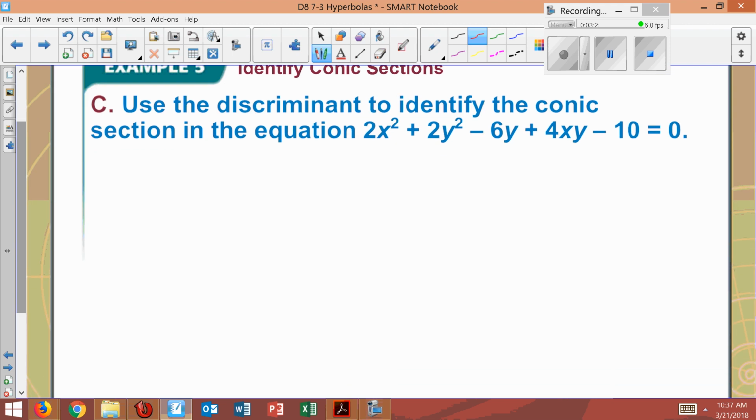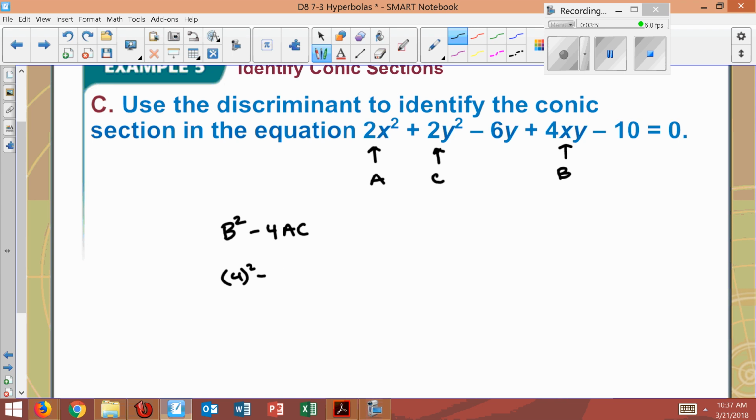And then part C. Again, I have these identical, so it's looking like it could be a circle. This is my a, this is my c. This time I do have a b. Since b is not equal to 0, it's very likely an ellipse. Let's check out the formula real quick. So we have b squared minus 4ac. b is 4.